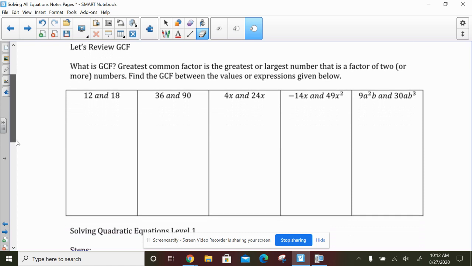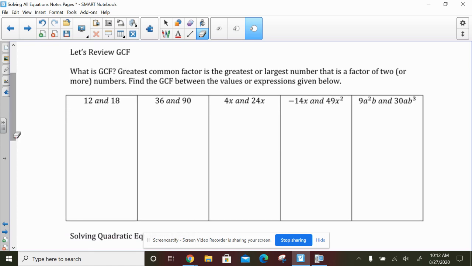All right, so what I'm going to do first is do a factor tree for each of my numbers to figure out what is my highest factor that they have in common. Okay, so for 12, I know I can do 1 times 12 and 2 times 6 and 3 times 4. So those would all be my factors of 12.